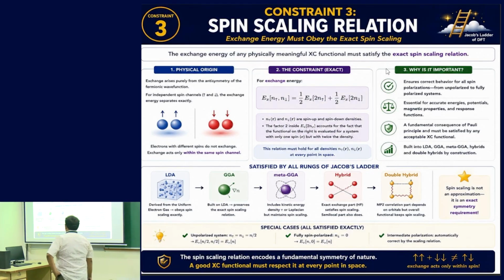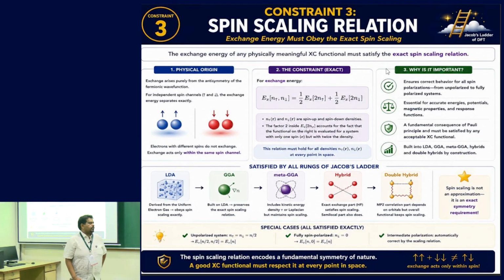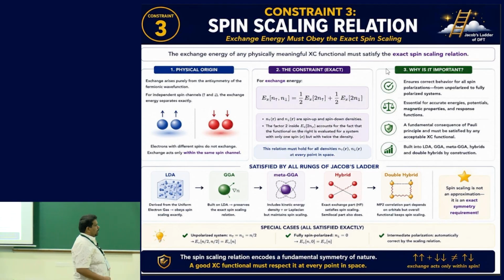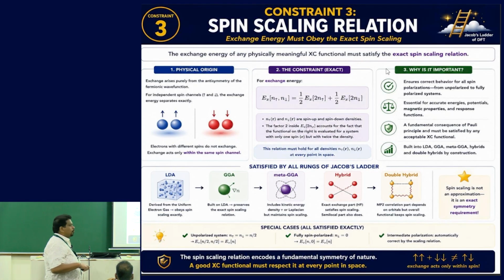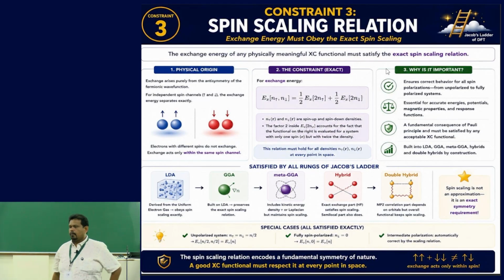If you have a good exchange correlation functional, then it must respect spin scaling at every point in space. In a way it helps us with magnetic systems and other systems.